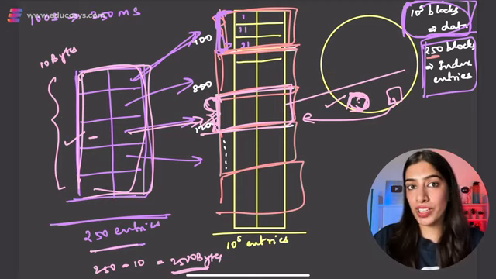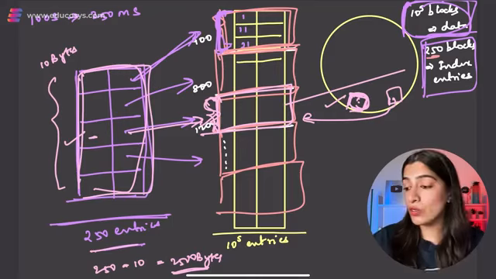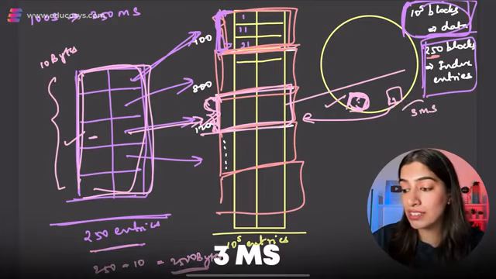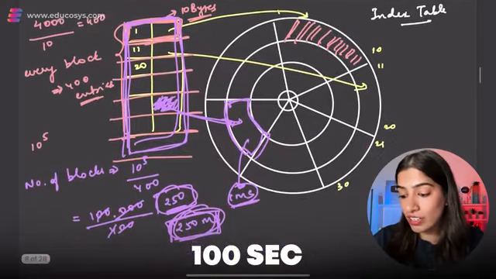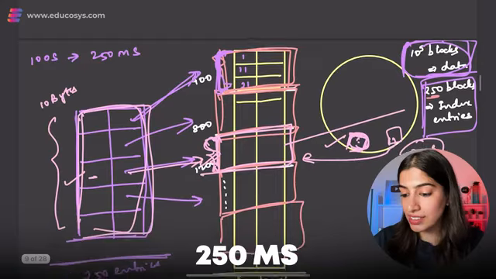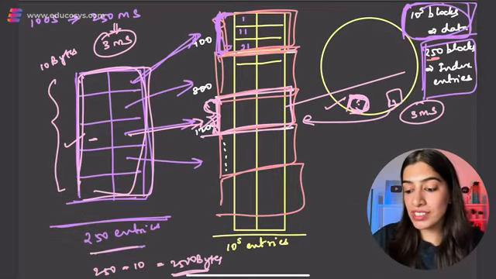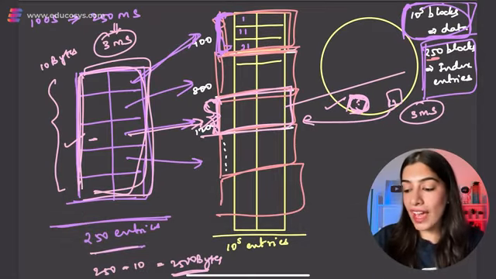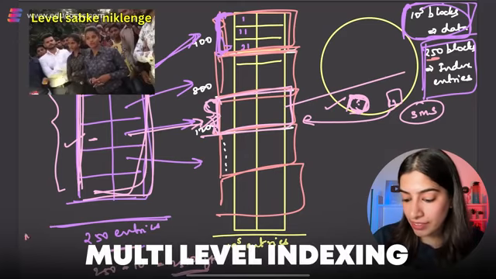So 3 IO operations, each taking 1 millisecond. So now we have optimized to 3 milliseconds. We went from 100 seconds to 250 milliseconds and now to 3 milliseconds by just adding one more table. And this, my friend, is called multi-level indexing.